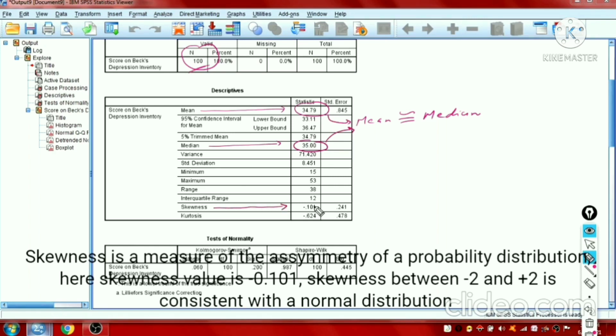Skewness is a measure of the asymmetry of a probability distribution. Here the skewness value is minus 0.101. Skewness between minus 2 and plus 2 is consistent with the normal distribution.